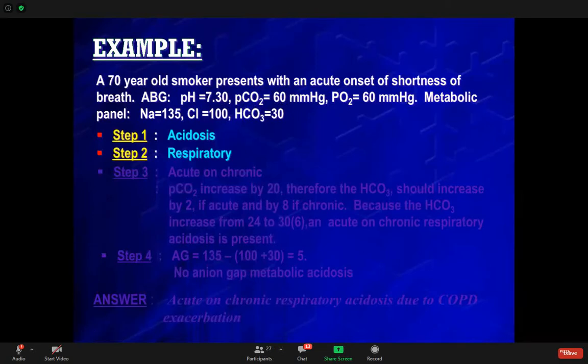So you expect if it's acute, your bicarb should be how much? Yeah, if it's acute, it should be 26, exactly, as Ahmed said. So if it's chronic, it should be?